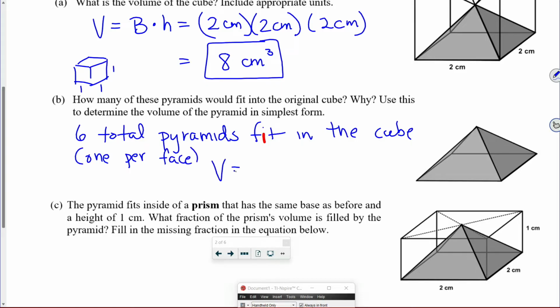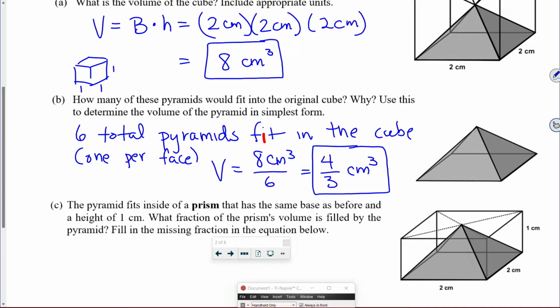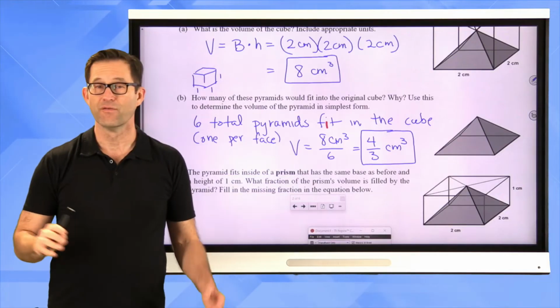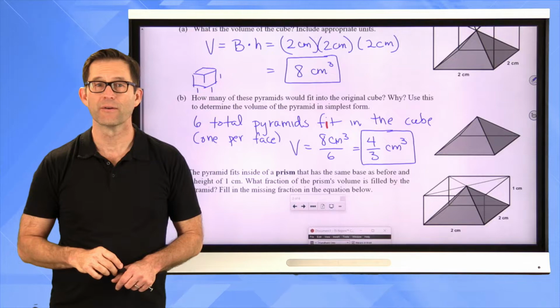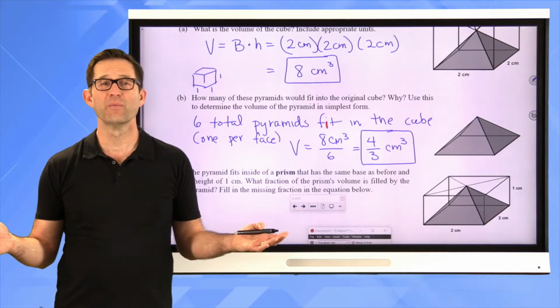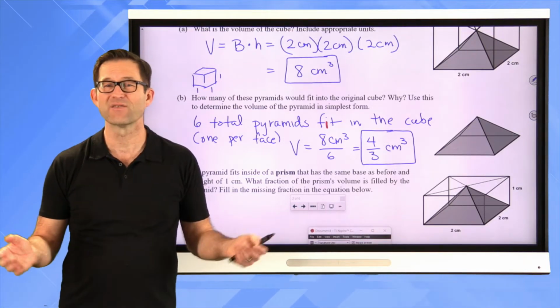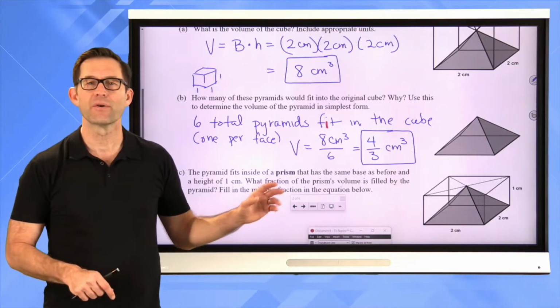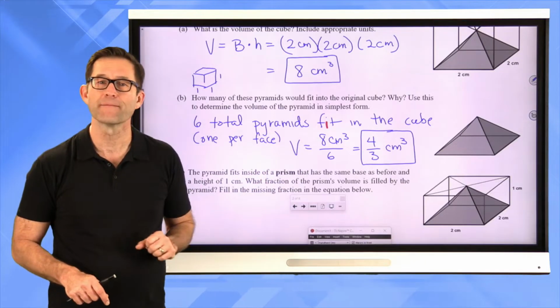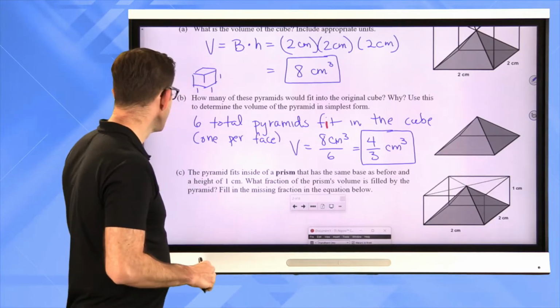So the volume is going to be 8 cubic centimeters divided by 6, and I can reduce 8/6 so that I can say that each one of those pyramids has a volume of 4/3 cubic centimeters. All right, or 1 1/3 cubic centimeters if you like, that's fine too. But please make sure that you understand why there's 6, okay? Now, letter C.